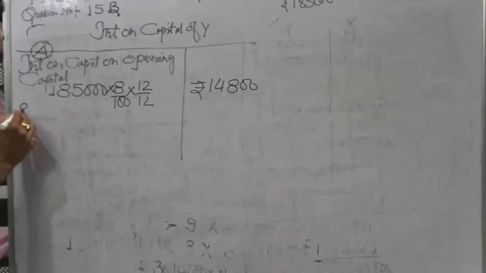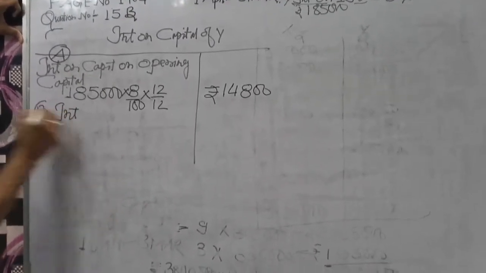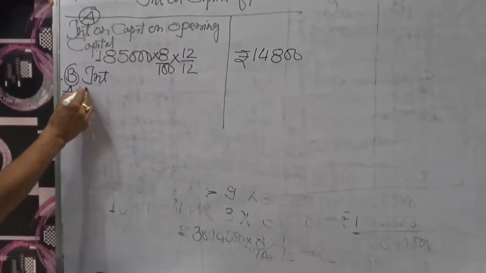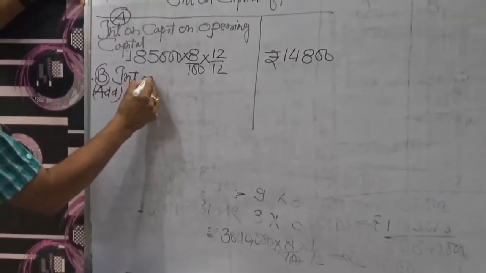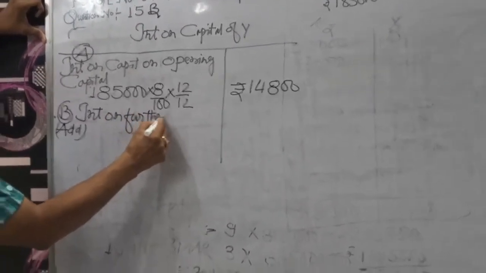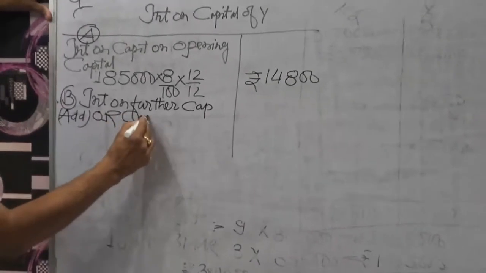Then B point, we have to add interest on further or additional capital introduced.